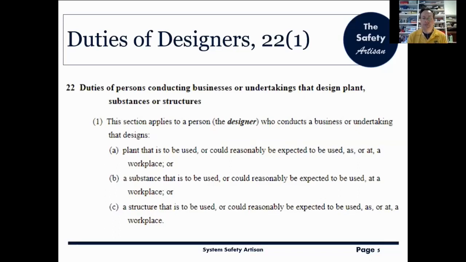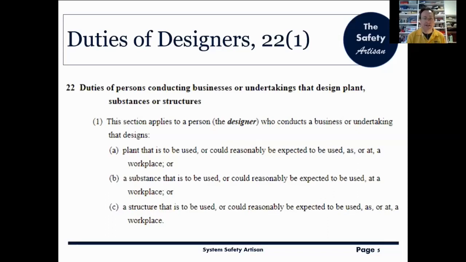And so here we have the first duty of a designer, and there are three groups of duties. So first of all, the designer has to ensure the health and safety of people in a workplace.